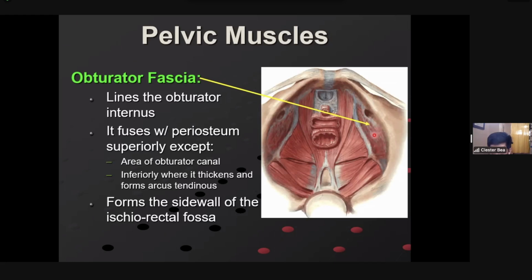They extend inferiorly downward to form the side wall of the ischiorectal fossa. The ischiorectal fossa is already in the perineum, no longer in the pelvic cavity. I have a slide, a coronal section of the pelvic cavity, so that I can show you the ischiorectal fossa in the following slides. But suffice to know that this fascia and even the muscle will continue downward into the perineum to form the side wall of the ischiorectal fossa.